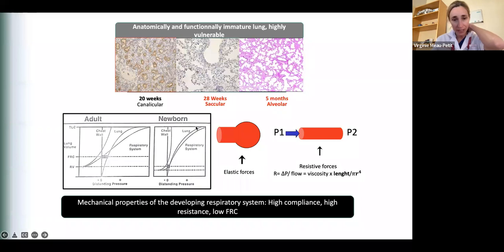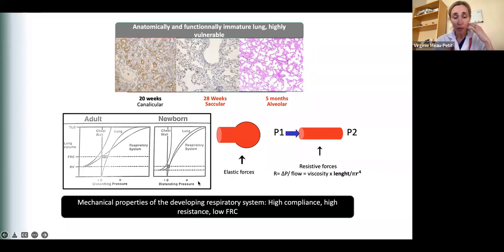And surprisingly, what is most important is the total, the resulting compliance of lung and chest wall, here and here. What is surprising is that the important difference between adult and newborn respiratory system is the big difference in the chest wall compliance. So the main difference in the compliance of the respiratory system of the newborn is mainly related to the difference of compliance in the chest wall.